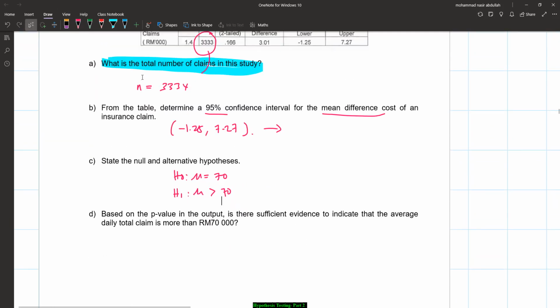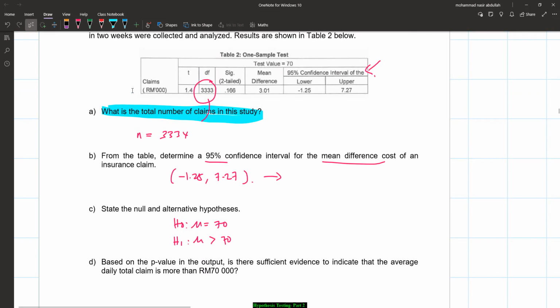So based on the p-value in the output, is there sufficient evidence to indicate the average total claim is more than 70? So since the p-value is less than 0.05, more than 0.05, so we accept null hypothesis, right? Since p-value is more than 0.05, which is 0.166, right?